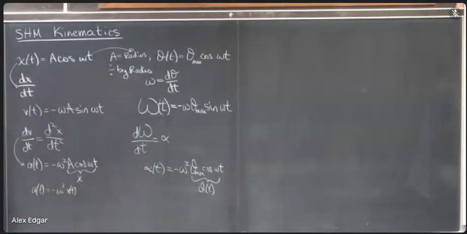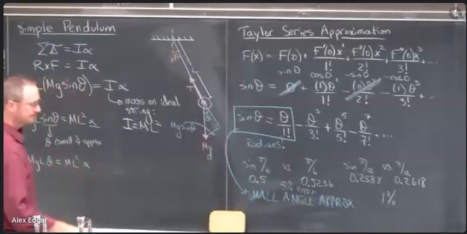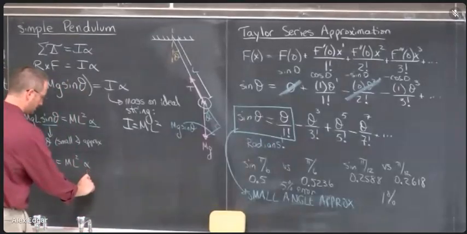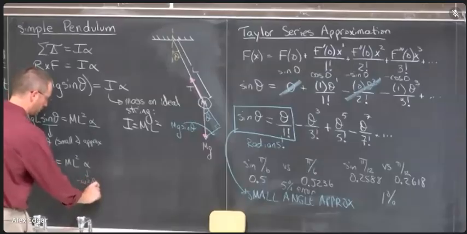And we end up with exactly the same relationship between angular acceleration and angular position as what we had with the linear acceleration and the linear position. So let's go make that substitution back into our function that we are analyzing. This guy is going to be replaced by minus omega squared theta.